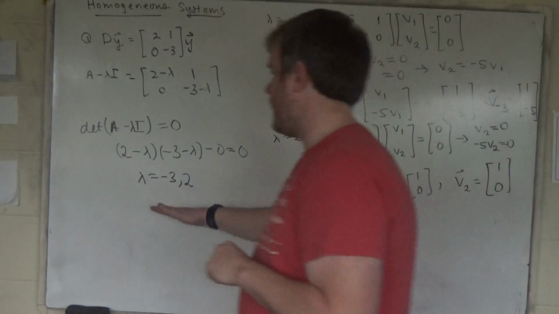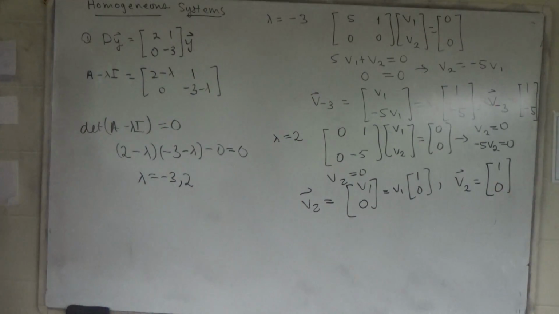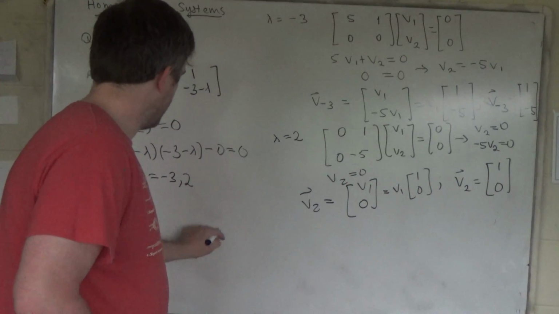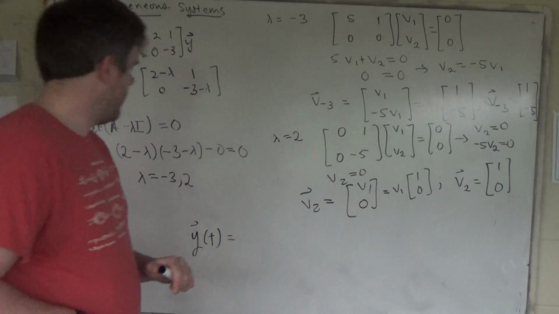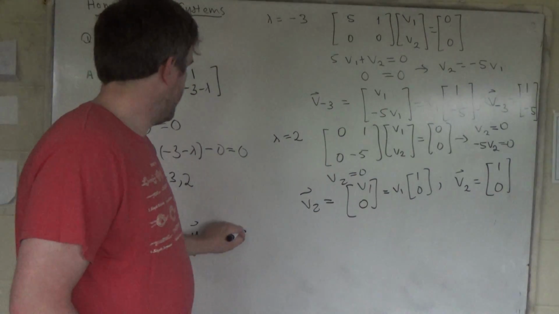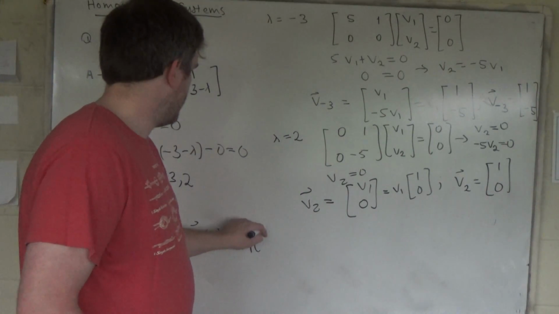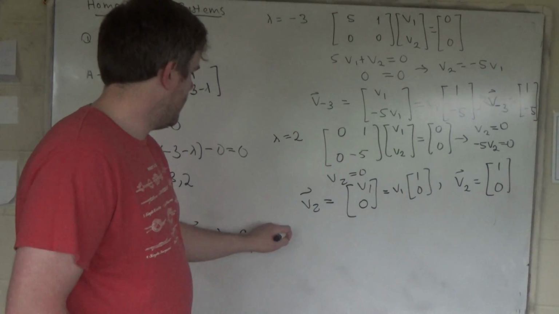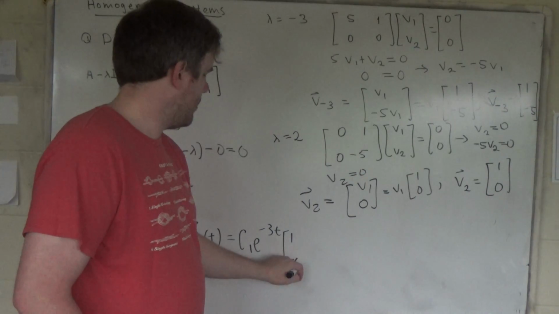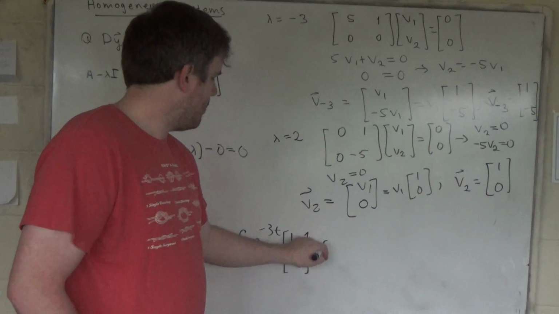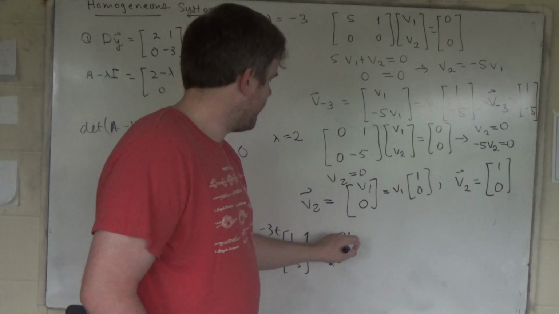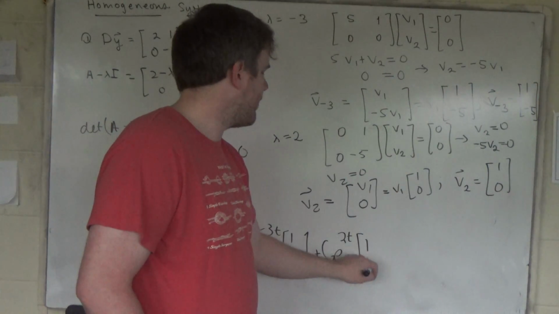So now I have my eigenvalues and my eigenvectors. How do I make this a solution? Well, the solution is the vector function y equals c1 e to the lambda t times the corresponding eigenvector, plus c2 e to the different lambda t times the corresponding eigenvector.